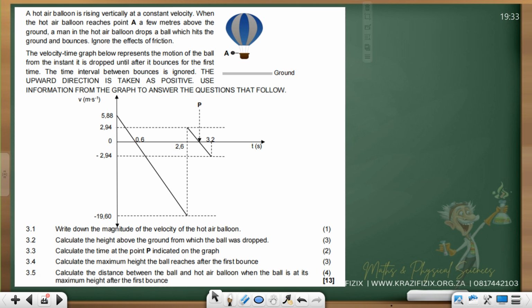First question, is a hot air balloon a free fall? Why not? It's not, it's going up, right? Is it a free fall? Gravity is not the only force acting on it.